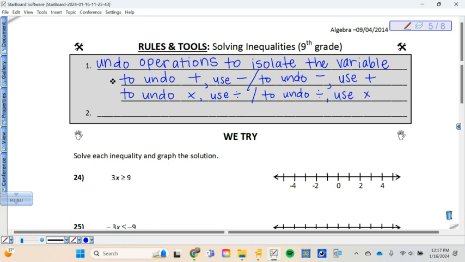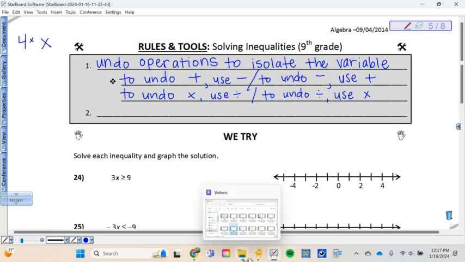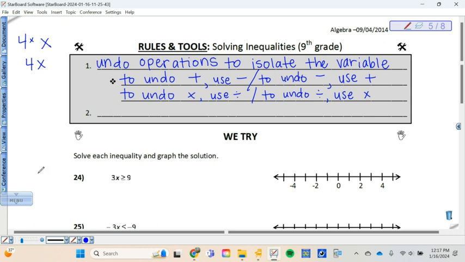Okay. But when I see an equation, is it usually written with a multiplication sign? How is it written? Just 4x, right? And if I have division in an equation, how is it usually written?